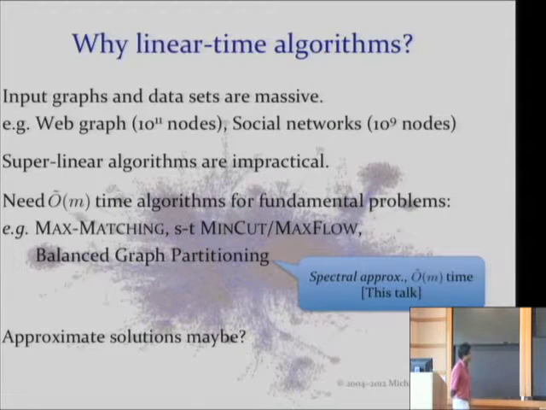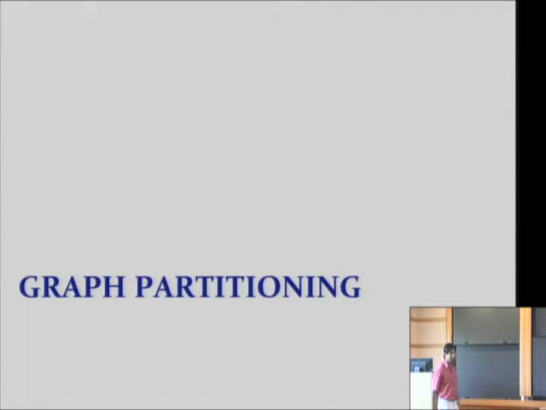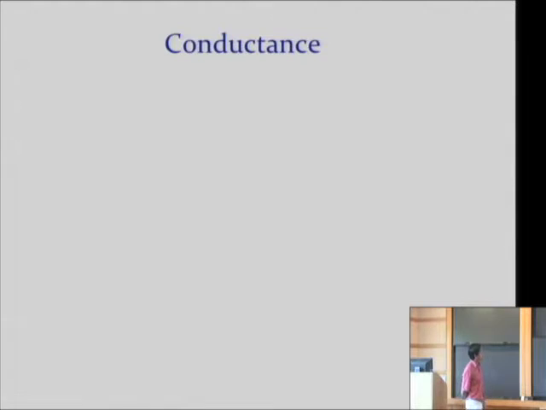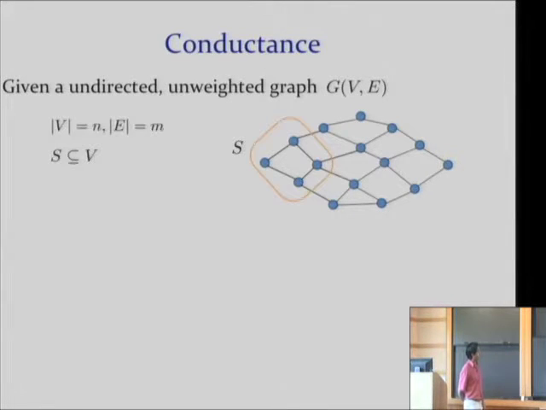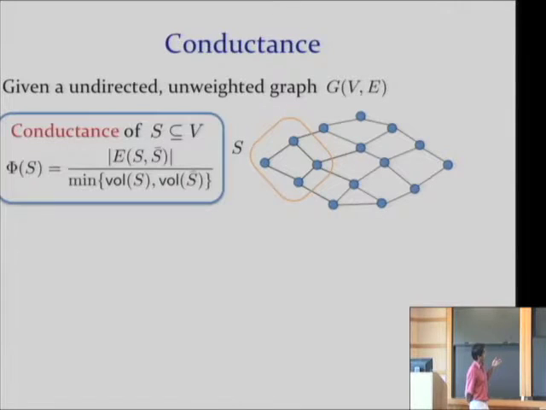Okay, let's formally define our problem. I need to define conductance. We are given a graph G, which is undirected and unweighted. Consider any subset of vertices in this graph. The measure of these sets that we'll use is the volume of the set, which is the sum of the degrees of the vertices inside the set. Given this measure, how do we define the conductance?